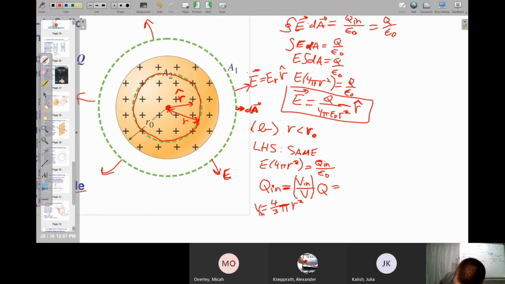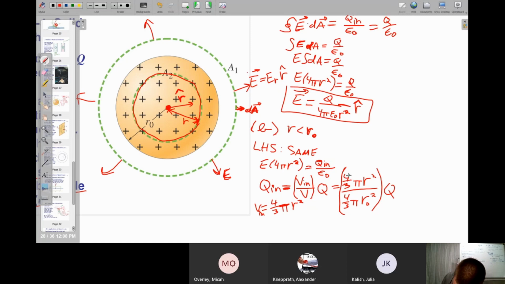So the volume enclosed by our Gaussian surface is 4/3 pi r squared. The total volume is 4/3 pi r0 squared. That's our volume ratio, and that's multiplied by Q.